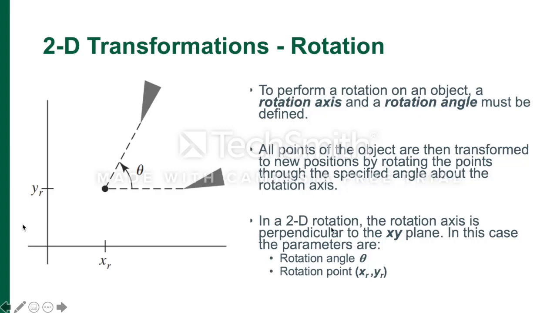In the case of a 2D rotation, the rotation axis is perpendicular to the xy plane. In this case, the parameters are theta, the rotation angle, and a rotation point, xr, yr, instead of a rotation axis.